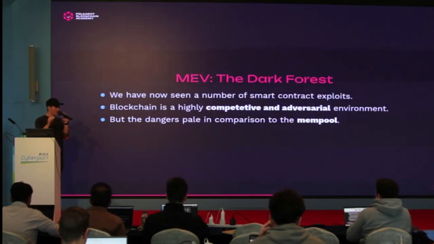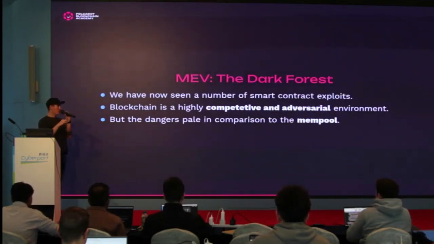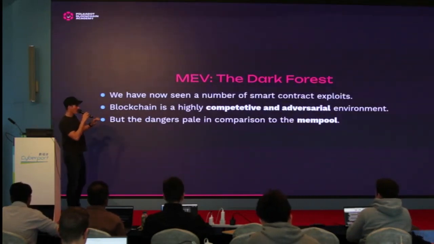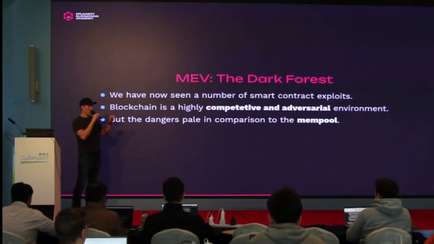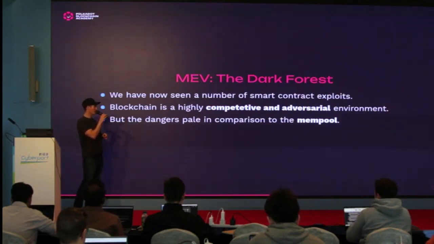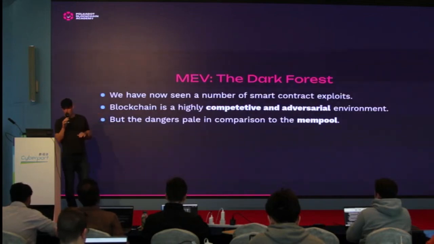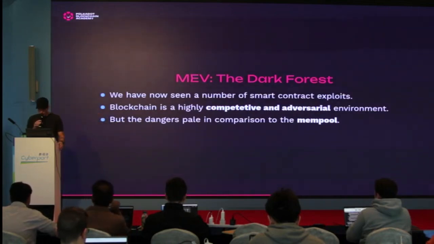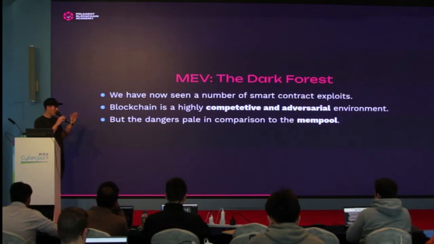So we've seen all these examples thus far. These are exploits that happen on chain, right? But there's actually another environment which is also a dangerous place to be, and that's the mempool. The mempool is the set of pending, not yet confirmed transactions.